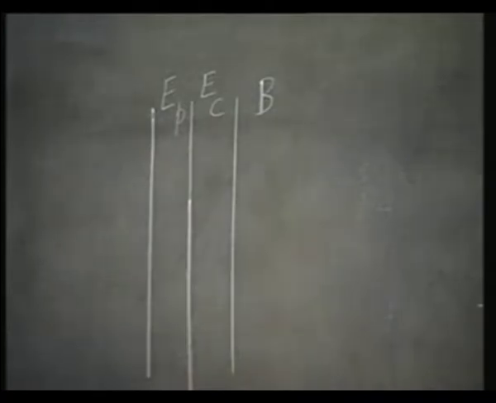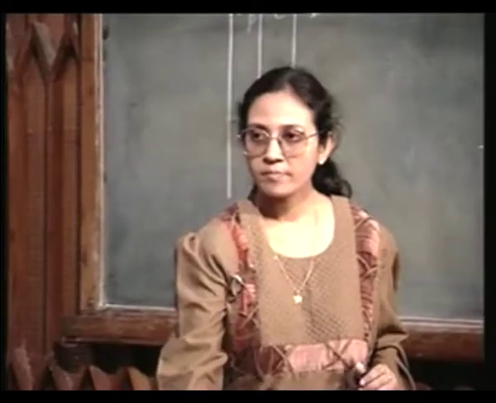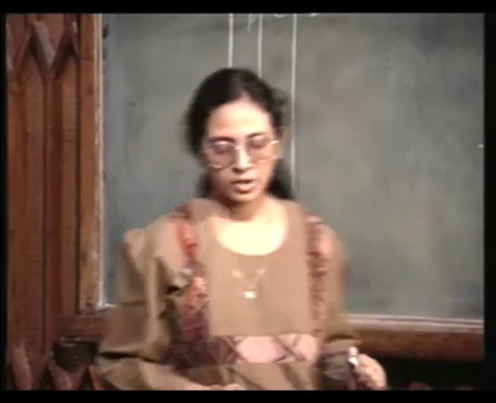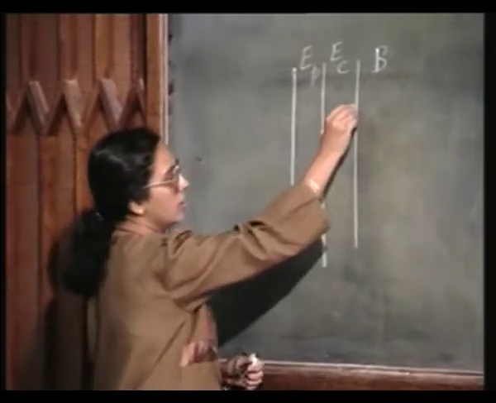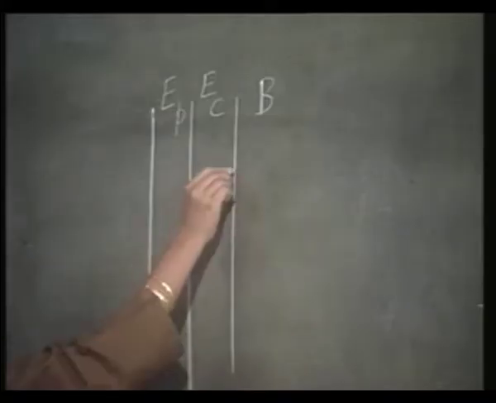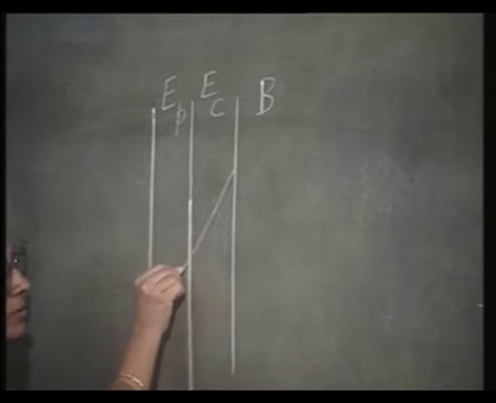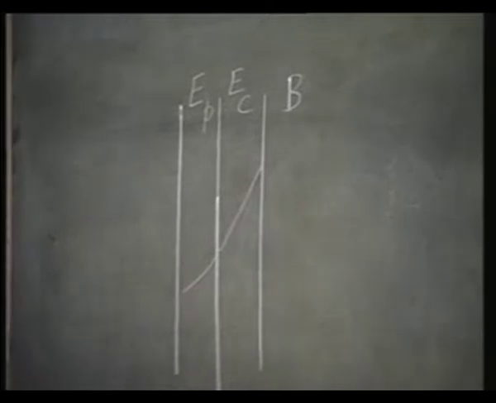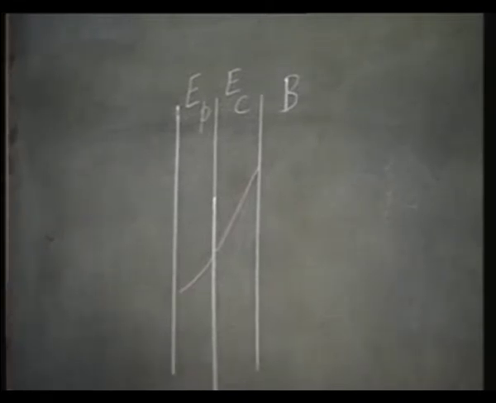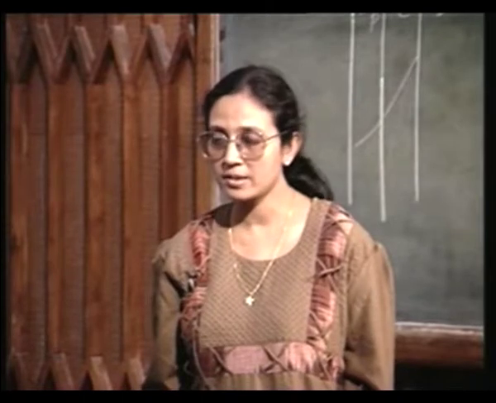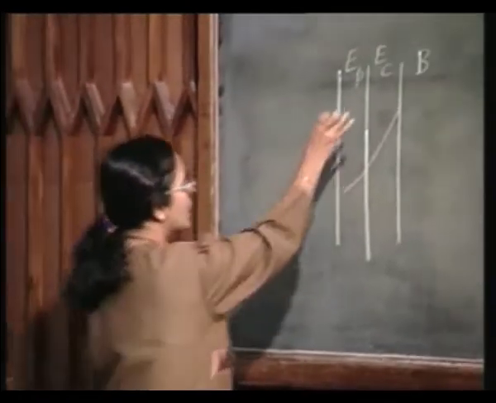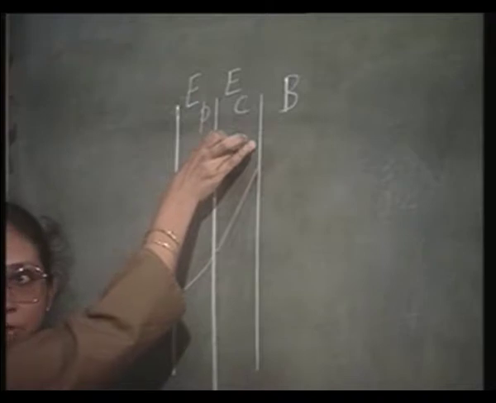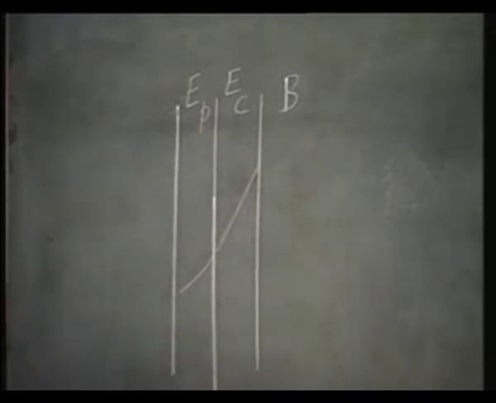Now, if you look at how the hole concentration should fall, it does not have to go to 0 here, it can come like this and then fall like this. I can keep the poly layer as thick as I want, it does not matter, because it is not going to affect my peripheral capacitance at all. The peripheral capacitance will be determined only by the junction depth, which is the depth of the emitter in crystalline silicon.